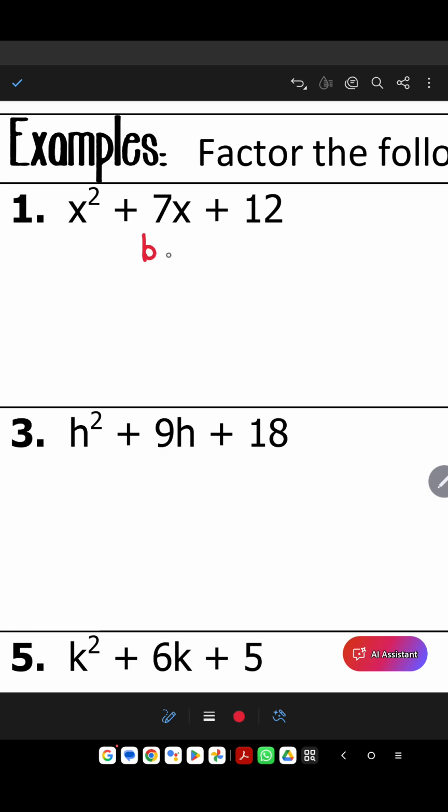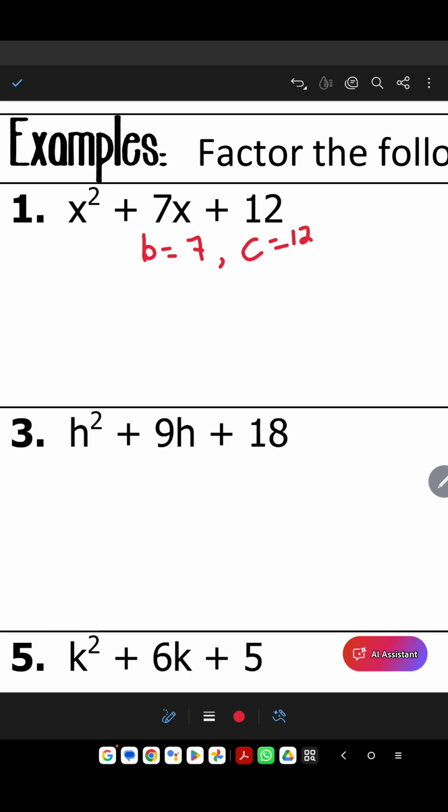So b is equal to 7. And in this case, c is equal to 12. So what we want here is two factors, or a pair of factors, of 12 that you will add to get 7.